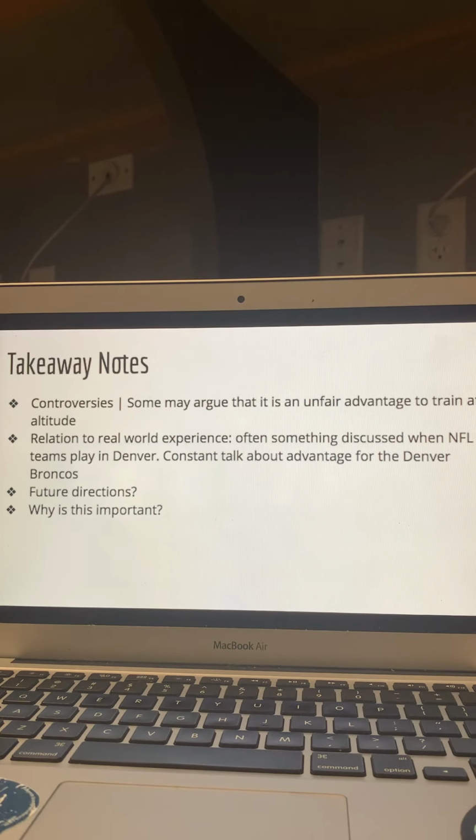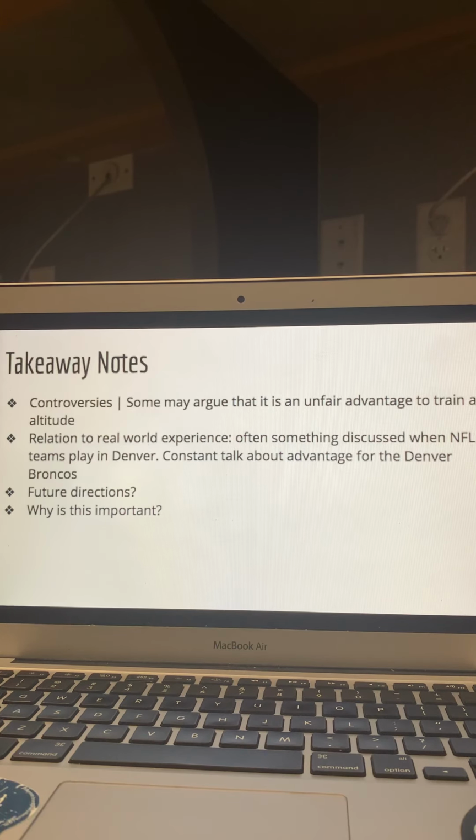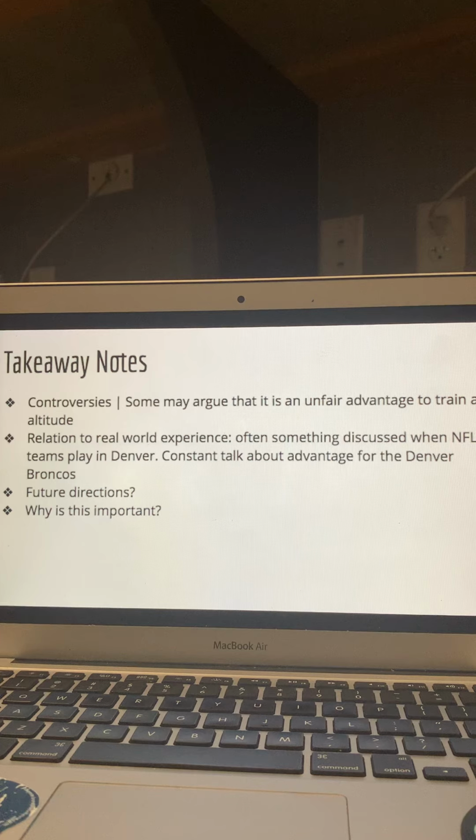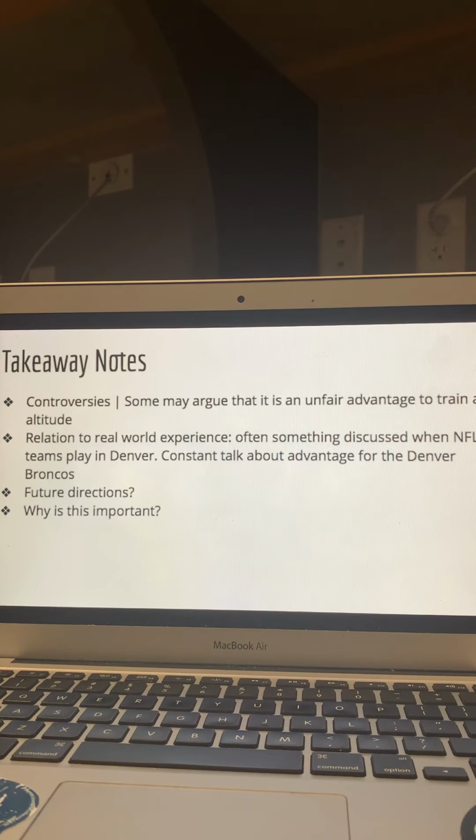Comparison of altitude training between the 4 types of exercise and which one may benefit more would be a good direction to take in understanding, because there is flexibility, strength, endurance, and balance. So we can see how altitude training may benefit or not for those different types of exercise.